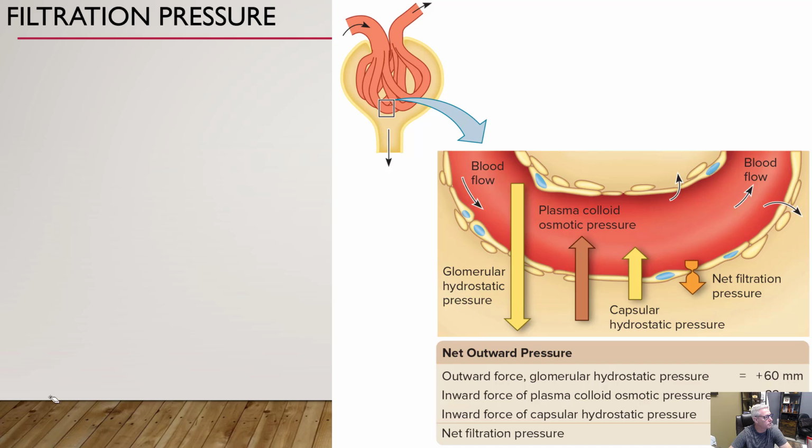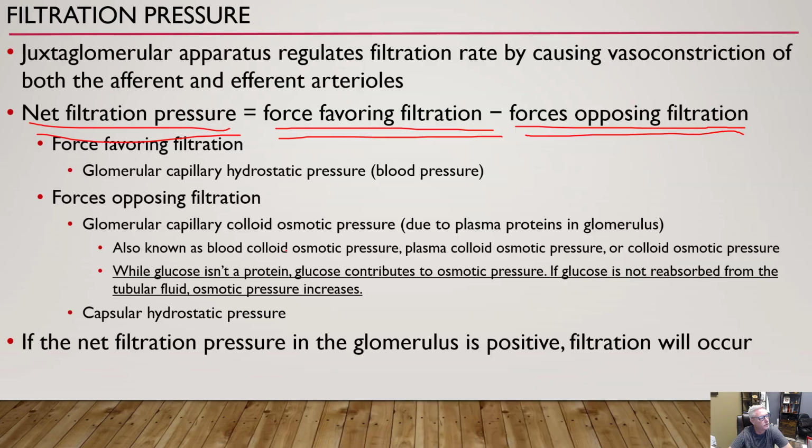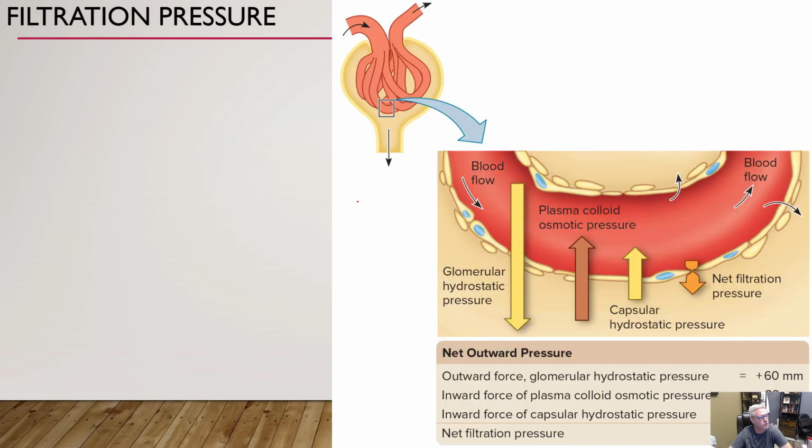Now we're adding a component to it. Remember, forces that favor filtration is our glomerular capillary hydrostatic pressure. The pressure inside of our bloodstream is going to help push out water.